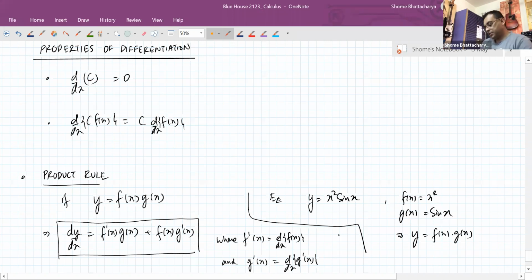So if a function is a product of n functions, the number of times we have to apply the product rule would be n minus 1? Yes. There'll be n minus 1 terms, you can say, when we open this.